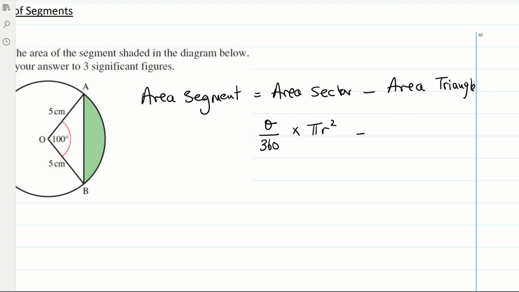Take away the area of the triangle, which is half AB sine C. And AB here is the radius times the radius, so it's really going to be r squared as well.